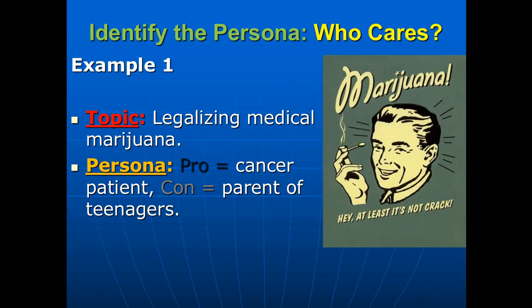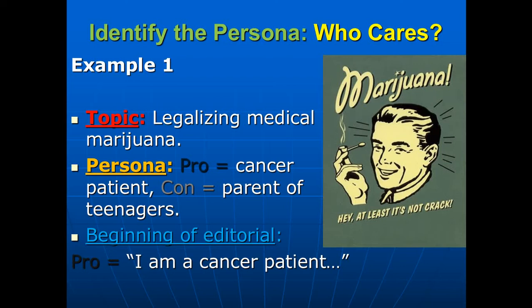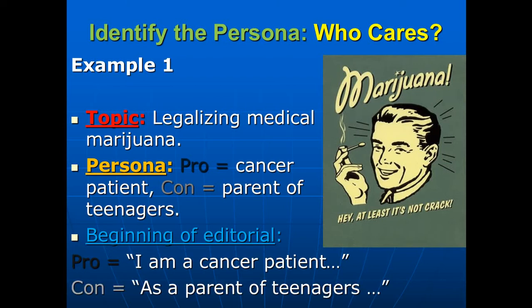So for example, for your pro persona, you might choose to write from the point of view of a cancer patient, and for the con persona, from the parent of teenagers. So you would want to have somewhere in the first couple of lines of your editorial identifying who this persona is. I am a cancer patient. I am a parent of teenagers. So that's the who cares.